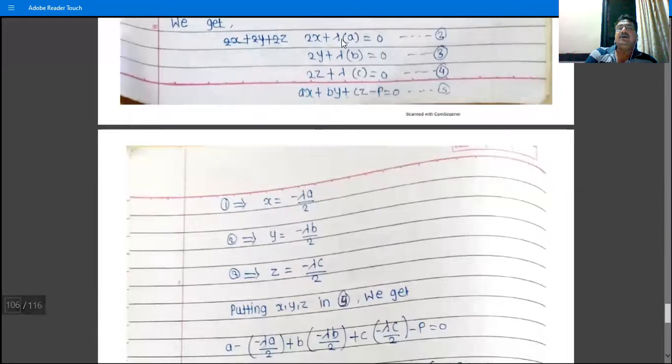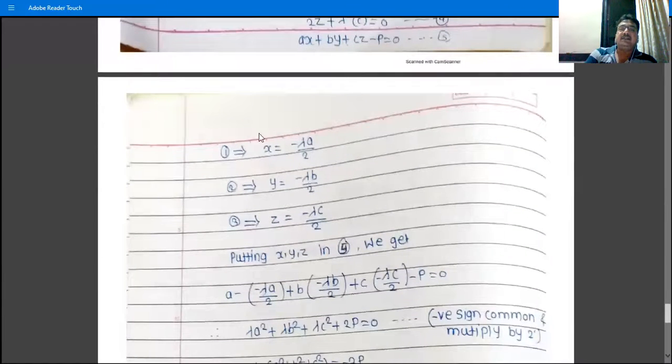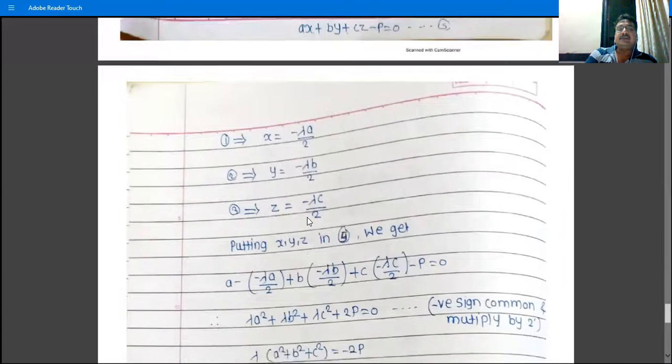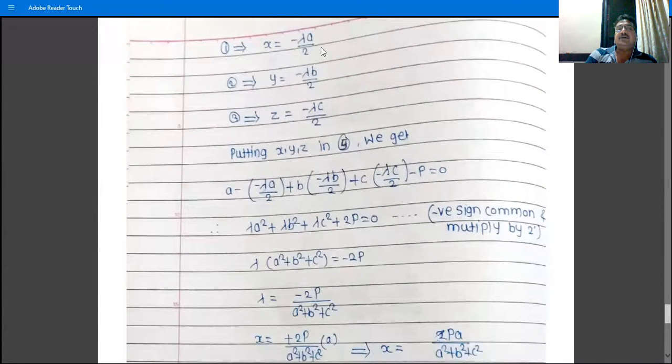Here x is minus lambda a by 2, y is minus lambda b by 2, and z is minus lambda c by 2. That is, the value of x does not depend on y and z, the value of y does not depend on x and z, and the value of z does not depend on x and y.